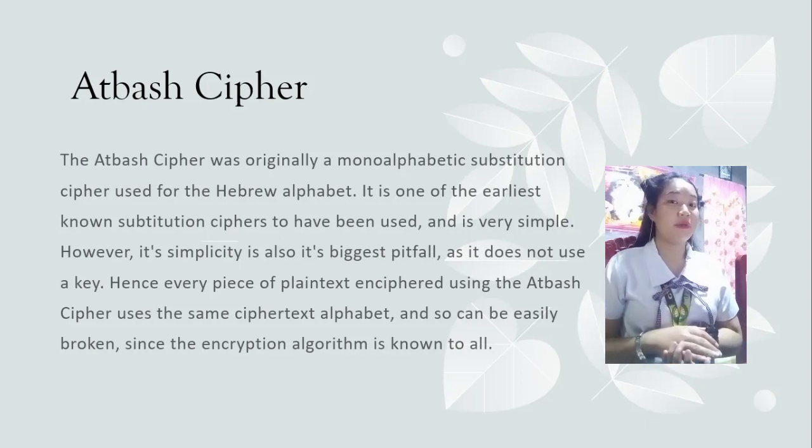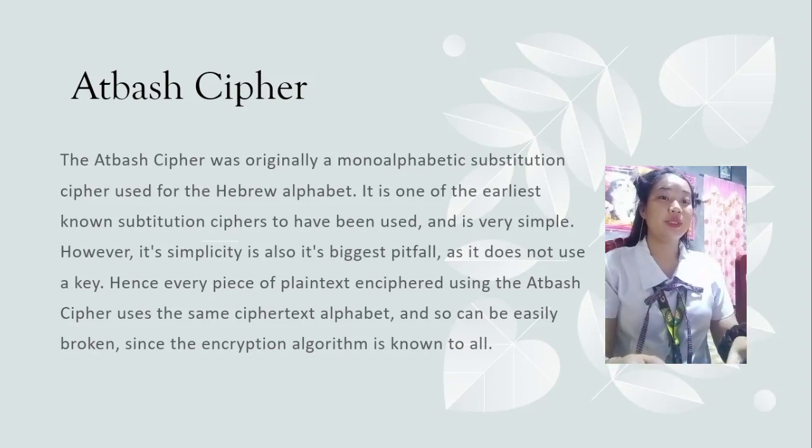So, what is the Atbash cipher? The Atbash cipher was originally a monoalphabetic substitution cipher used for the Hebrew alphabet. It is one of the earliest known substitution ciphers to have been used and is very simple.